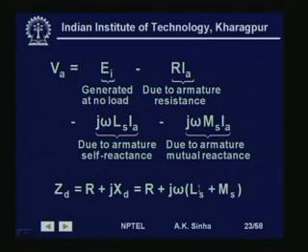Therefore, there is a mutual inductance MS, and for the stator windings we have the drop due to armature mutual reactance as j omega MS into IA. Therefore, we can write the total impedance as ZD is equal to R plus jXD, which is equal to R plus j omega (LS plus MS).